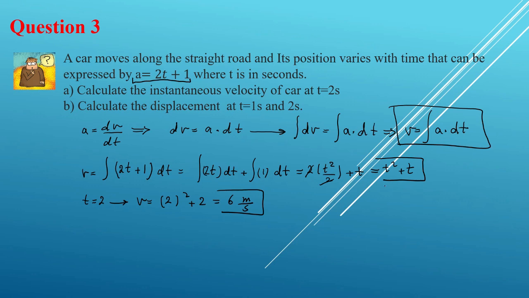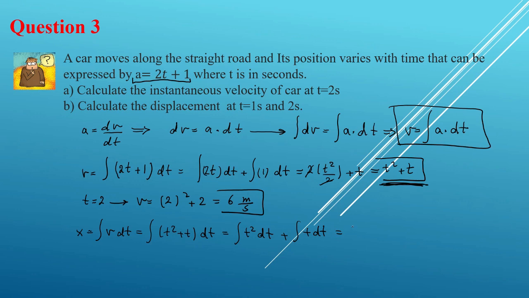So right here, I have the velocity equation. Now I need to take the integration of this. So my x is going to be the integral of v dt, right? So my v here is going to be t squared plus t dt, right? Which is going to be the integral of t squared dt plus the integral of t dt, correct?